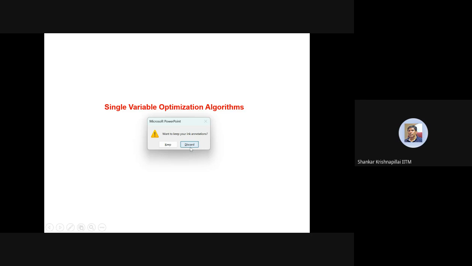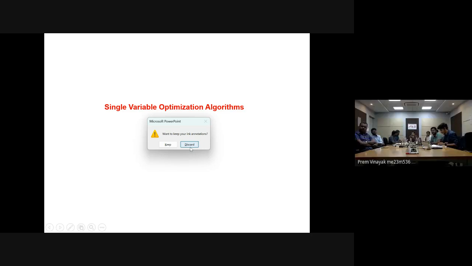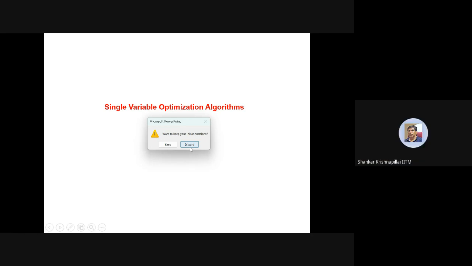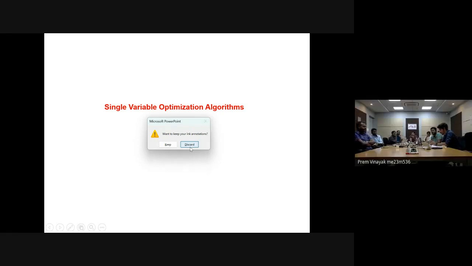Yes, sir, the last example wherein there was a circle equation and a line equation. We are still seeing the single variable optimization algorithm slide. We are not able to see the slide you're presenting.